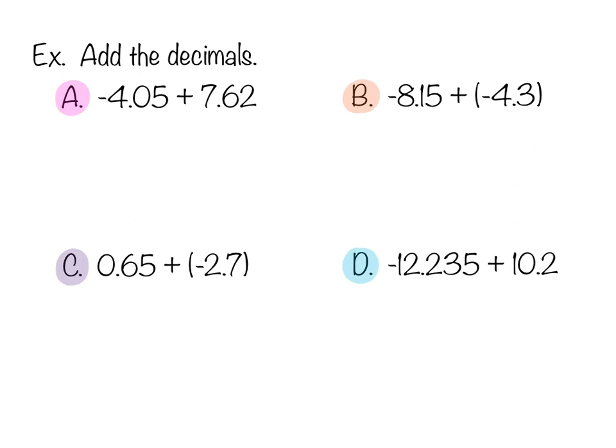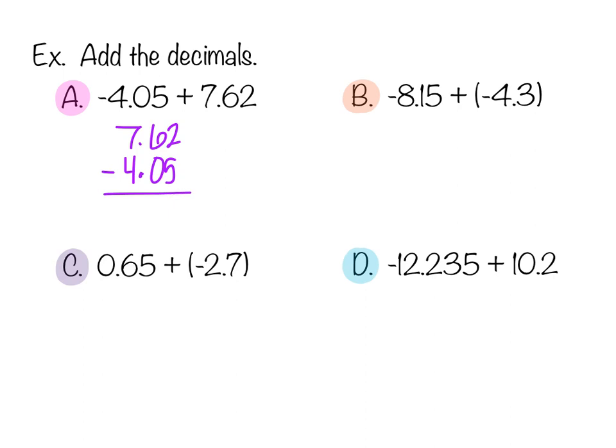All right, so for the first example, negative 4.05 plus 7.62. The first thing you want to check are the signs, and we have different signs, which means we're going to subtract. So we're going to write the larger number on top, 7.62 minus 4.05, also making sure we line up the decimal points.